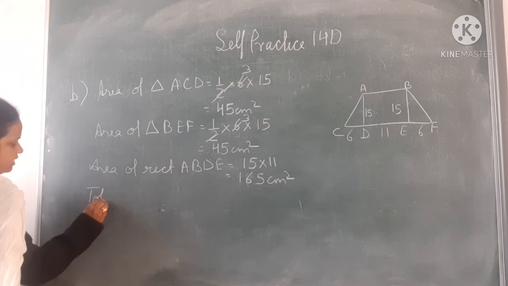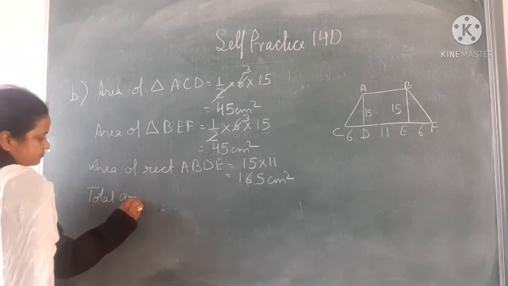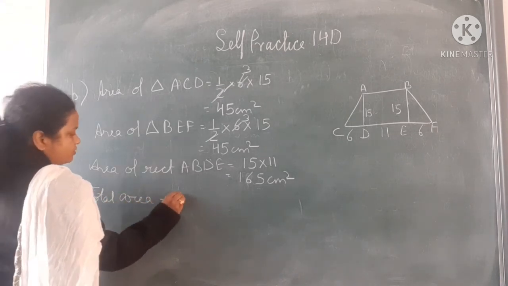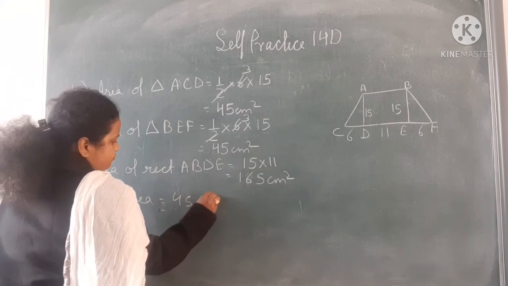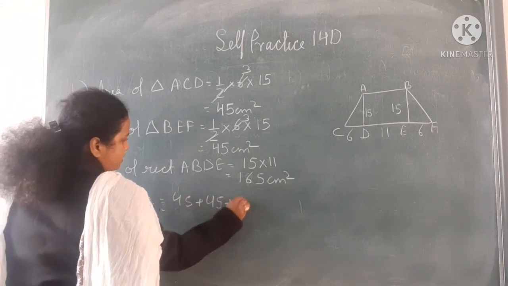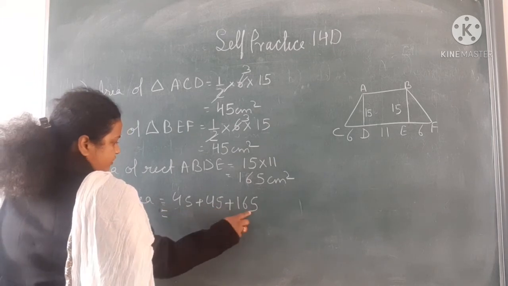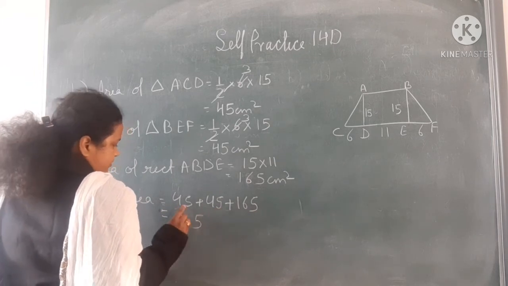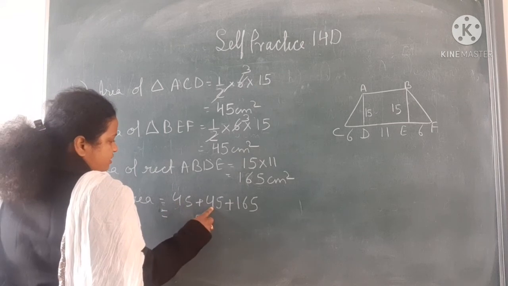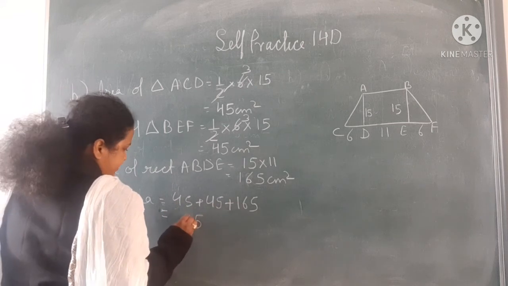Now what will be the total area? That is equal to 45 plus 45 plus 165. So 5 10 15 carry 1, 9 plus 4 is 13 and 13 plus 6 is 19.